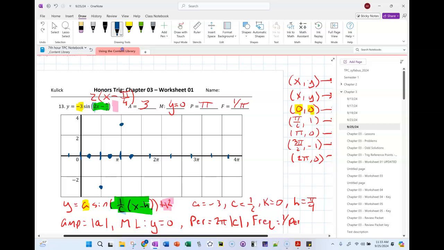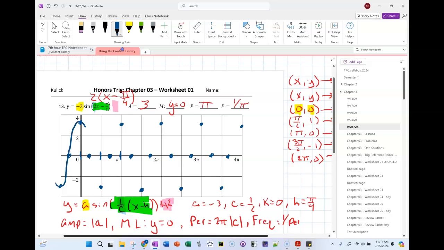And I'm just going to continue my pattern, right? So I'll go down to my minimum, back to my midline, up to my maximum, midline, minimum, midline, maximum, midline, minimum, midline, maximum, and fill in the same thing here. So we went minimum, midline, maximum, midline, minimum.